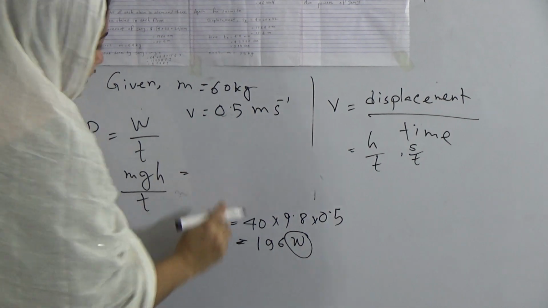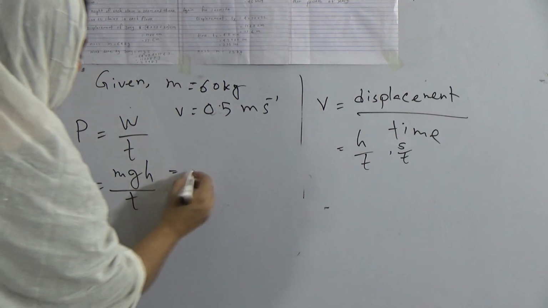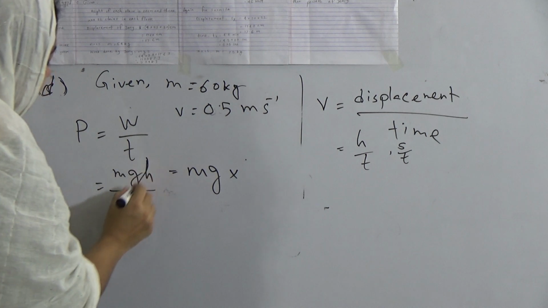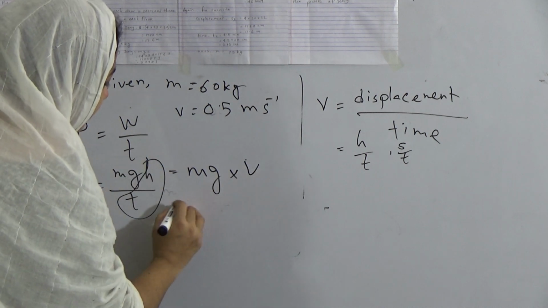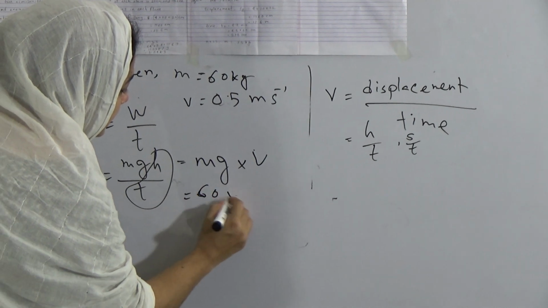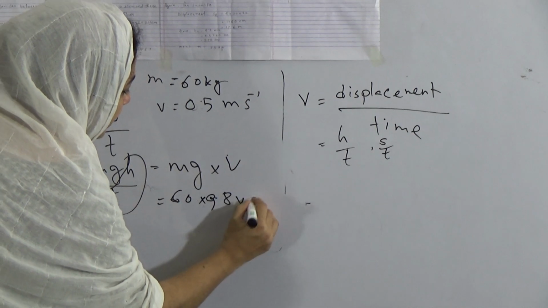Again we can write mg into h divided by T. H divided by T, that means this is V, velocity. So now put the value: m means 60, into g means 9.8, into v means 0.5.